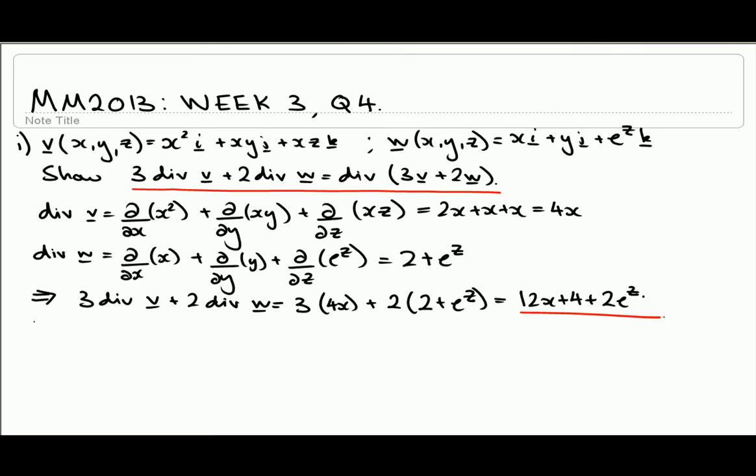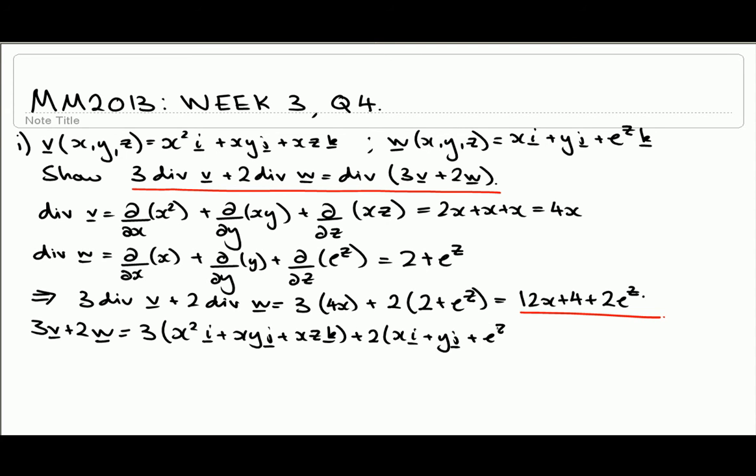Now we calculate 3v plus 2w, and that's equal to 3 lots of x squared i plus xy j plus xz k, plus 2 lots of x i plus y j plus e to the z k.